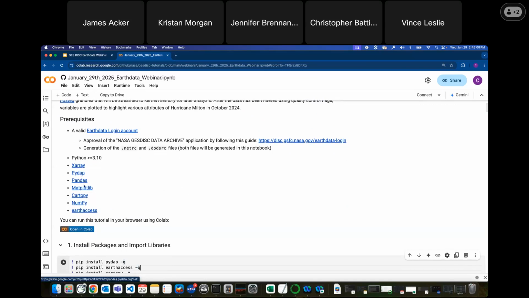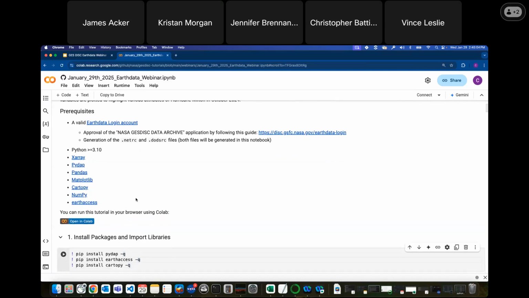And then these other libraries, matplotlib, cartopy, numpy, pandas, will be used to do various things like date formatting, manipulating some of the arrays, and then for the actual plotting. These are all libraries that are very, very widely supported and have lots of development going into them.